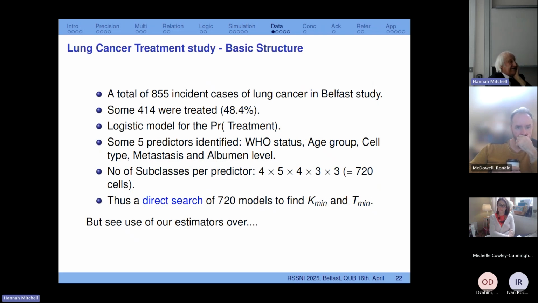That's the next thing. I have a simulation into the lung cancer treatment study. So there were 855 incident cases of lung cancer in Belfast. Some 414 were treated, that's 48.4%.